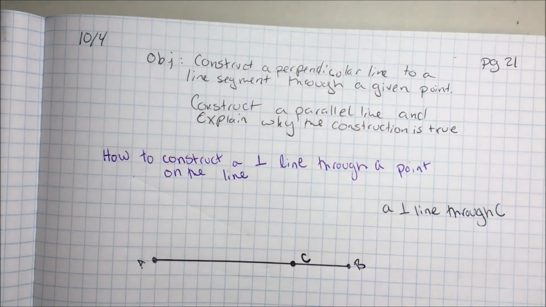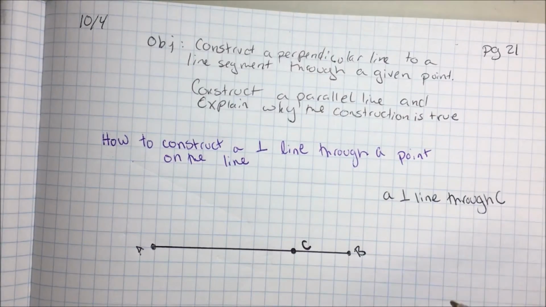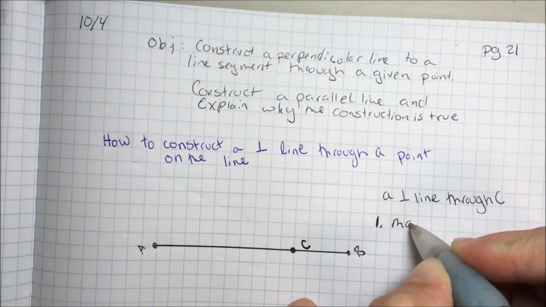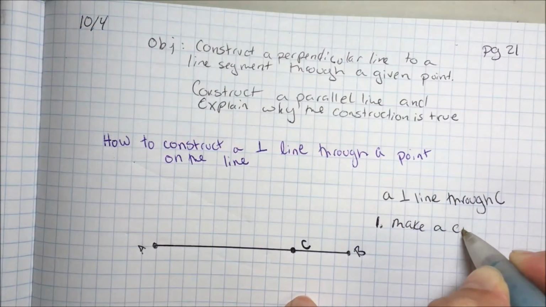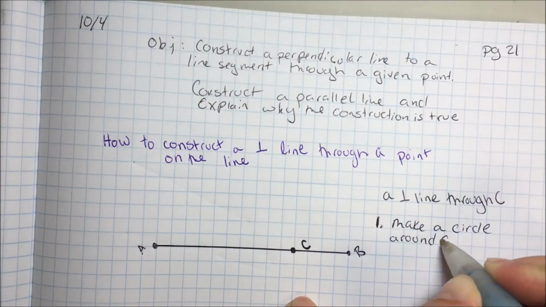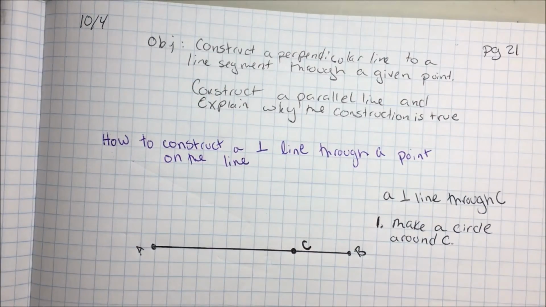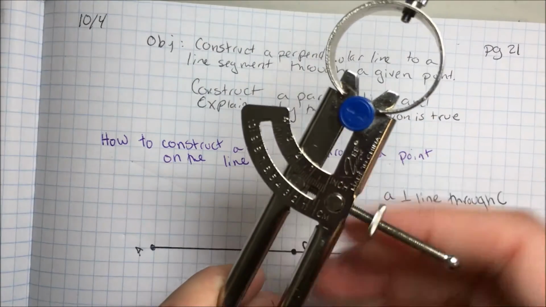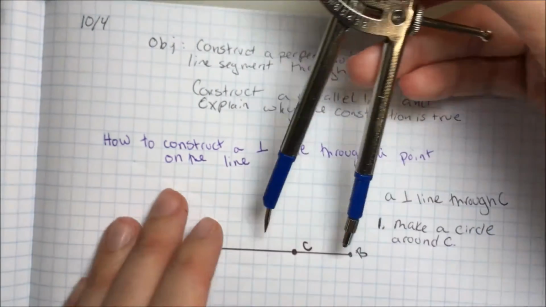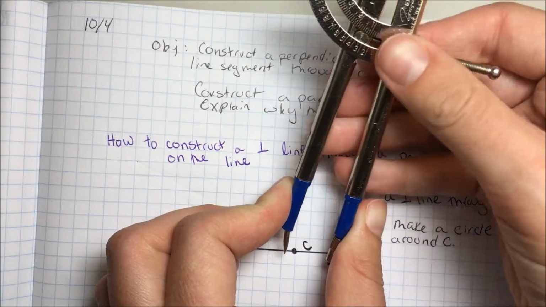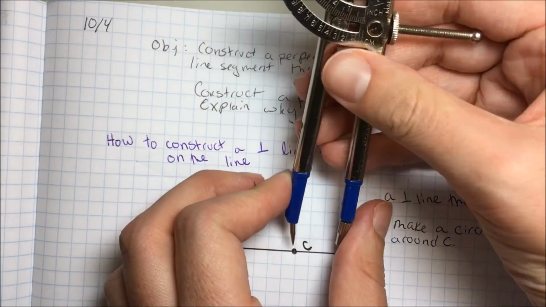Okay, that's what I'm doing. So I'm going to start by making a circle around C. I'm going to make my compass a little bit smaller than it currently is, and make my circle small enough so that it's going to touch the line segment on both sides.